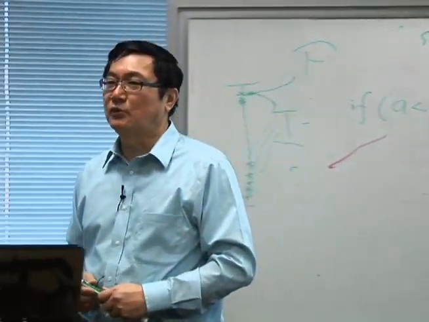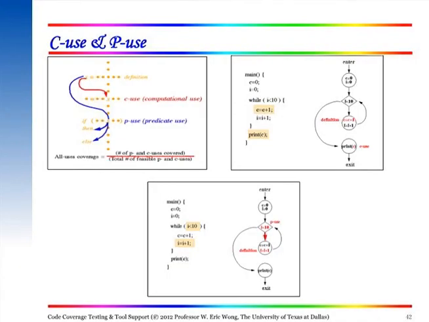Okay, now, can someone tell me the difference between decision coverage and the P-uses? We just discussed the P-uses. It looks very similar to decision, right? What's the difference between these two? Can someone tell me? What is the difference between decision and P-uses? P-use only tells that you are using it in the predicate.